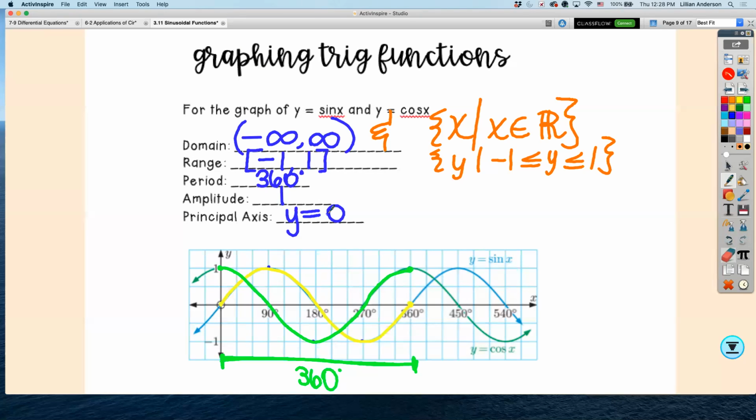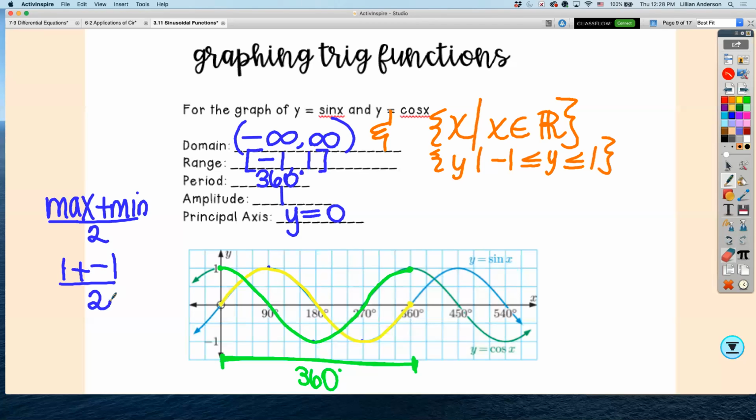So we can either do it using our formula, which was max plus min divided by 2. And we can recognize that our max is 1, our min is -1, and then we can get 0 that way.